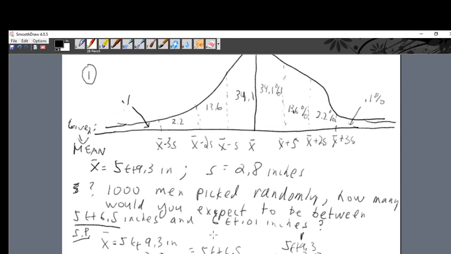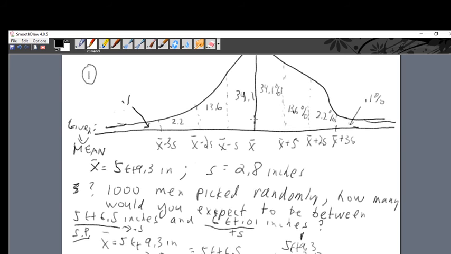They chose both of these on purpose. This one is plus a standard deviation, and this one is minus a standard deviation. Look over here. If you go up a plus standard deviation, you have approximately 34%, and if you go minus a standard deviation from the mean, which is 5 foot 9.3, you have another 34%.